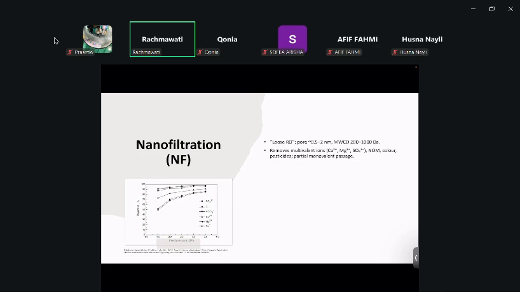This comes to the case when you want to remove multivalent ions like calcium 2 plus, magnesium 2 plus, and sulfate ions. So for example, probably you have water in your home, but its hardness is quite high, containing calcium 2 plus or magnesium 2 plus, and you want to remove it, then you might want to use nanofiltration.